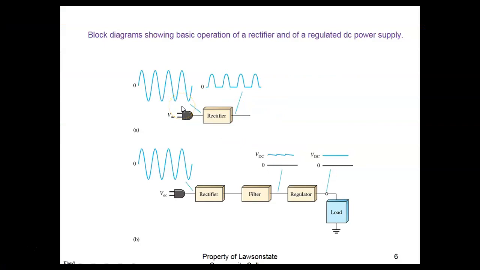So this is the basic makeup of a power supply. Actually, there's one more unit on here, which we usually always have, and this will be before the rectifier, and this is going to be a transformer. So very seldom do we rectify the input voltage on a linear power supply.